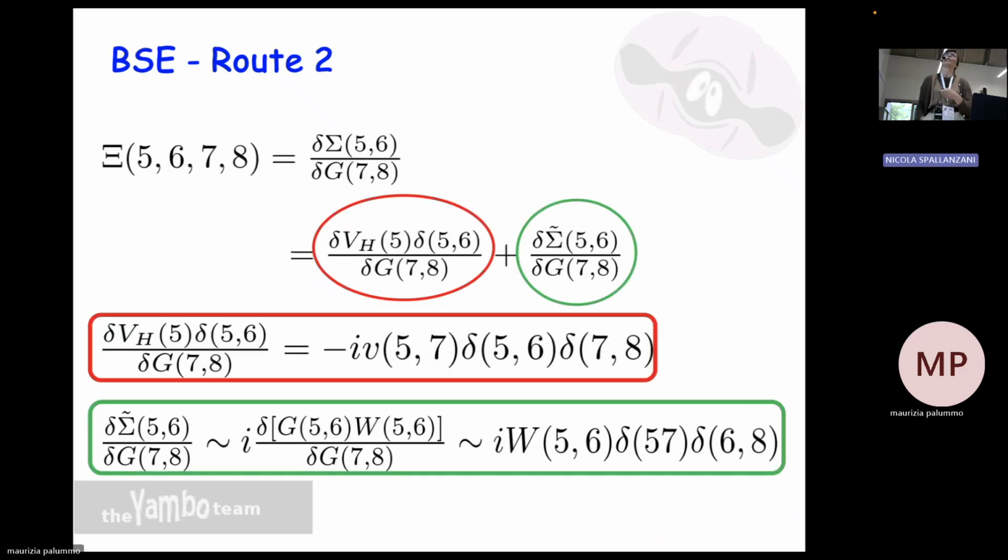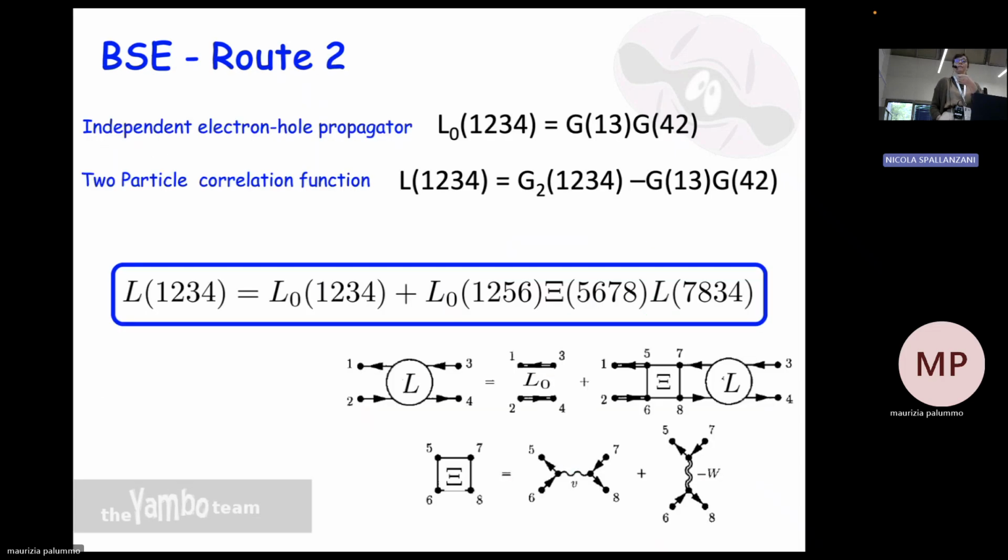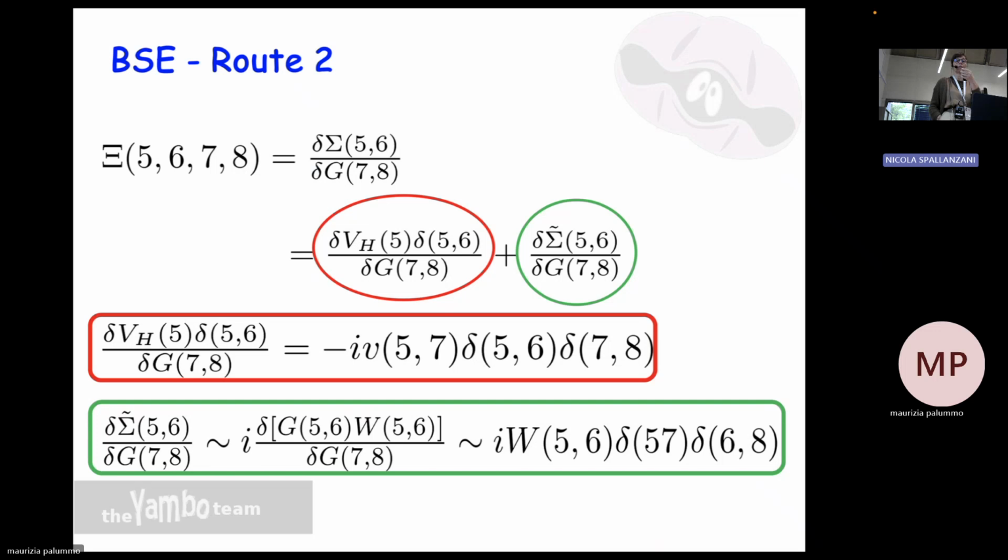Okay, so if you apply the functional derivative to the two terms, what we see is that we now have again two terms. One is the functional derivative of the R potential with respect to G. That is what in the previous derivation I mentioned is the electron exchange term. In this derivation you see it is actually the functional derivative of the R potential.